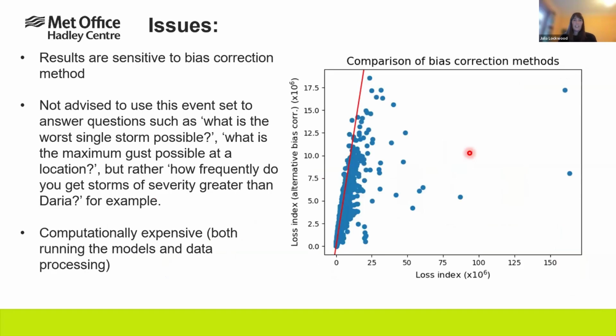But some of the issues we encountered, however, are that there is a sensitivity to the bias correction, or well, the way we converted from our winds to gusts. And I mentioned that we basically fit a function.